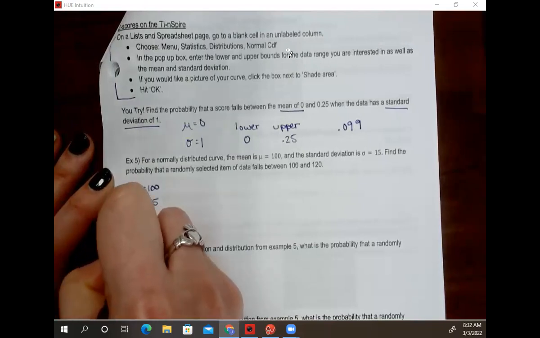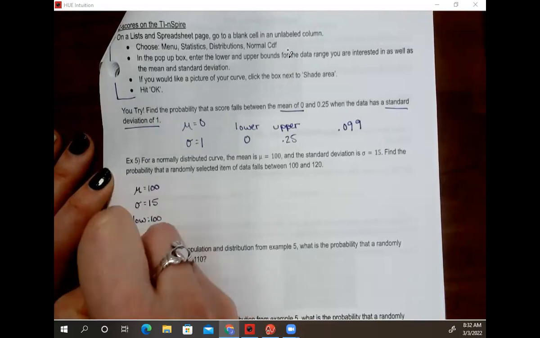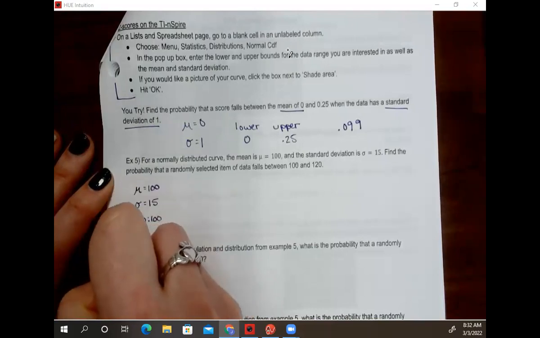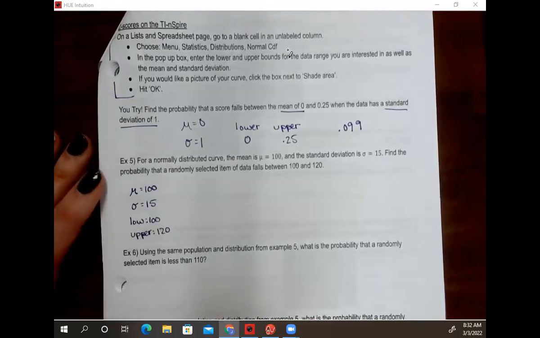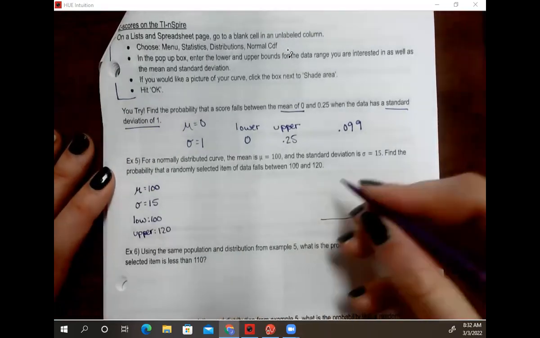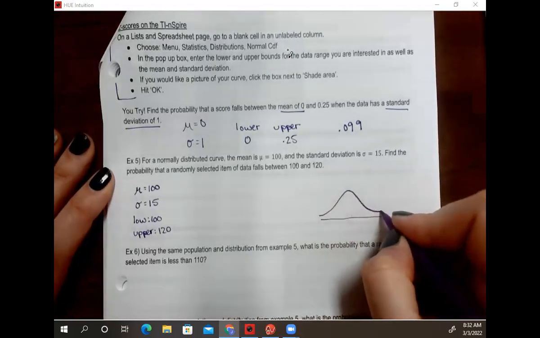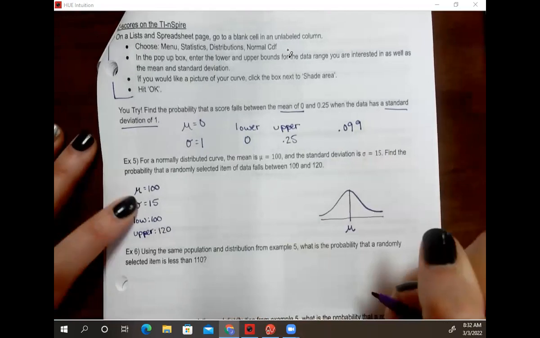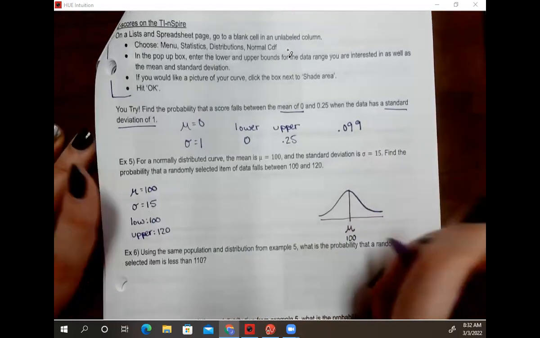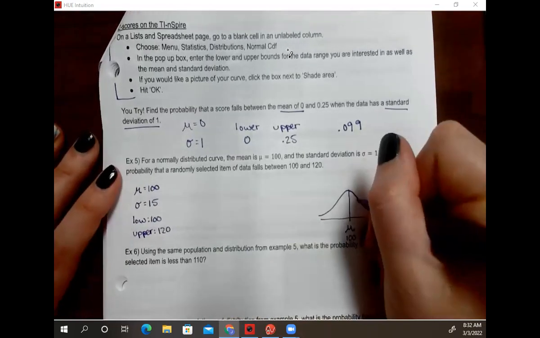So my low value is 100. My upper value is 120. Now I'm going to sketch this one out. And let's think about this for just a second. So my mean is 100. My standard deviation is 15.